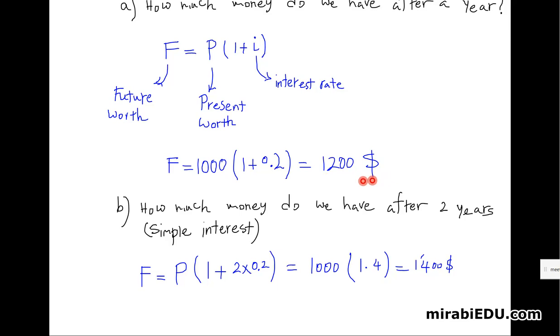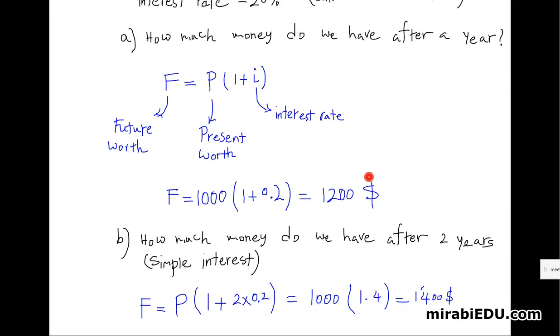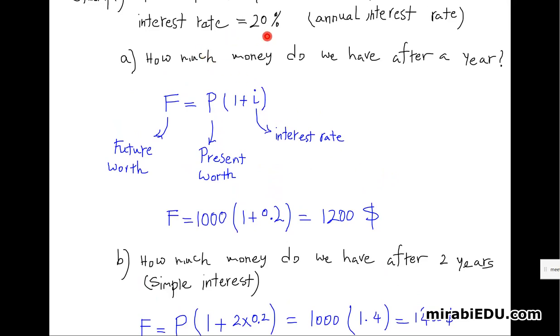And then if we have this amount of money and the interest rate is 20%, this will be multiplied by 1.2 to get the final value. This is compound interest, which means the $200 we got here is considered for more interest.